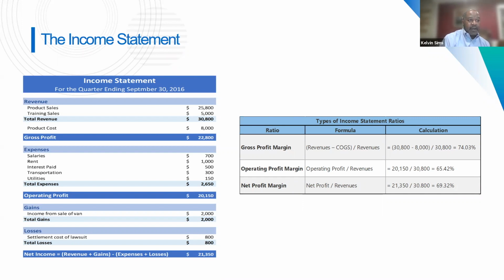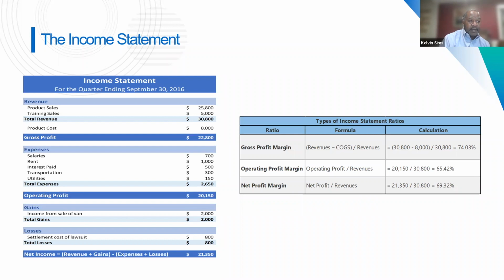Likewise, we now add our expenses to this, and we have an operating profit of $20,150 divided by our revenue of $30,800. So we have an operating profit margin of 65.42%. Then we look at our net profit margin.